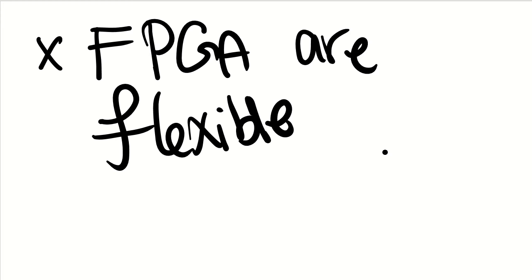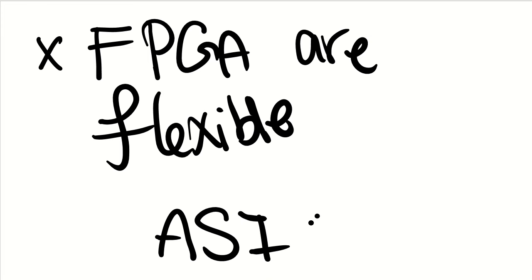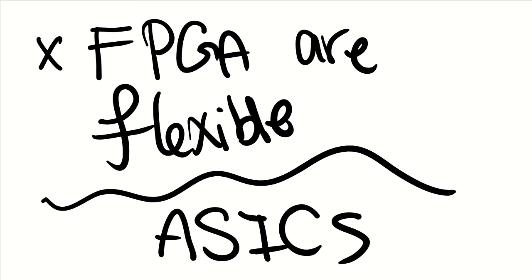It's very flexible. Whatever you code it with, it will do it for you. But microcontrollers are application specific integrated circuits, or ASICs. What does it mean? Application specific integrated circuits means that they are built to do a specific task, and that's it. They're not flexible. So that's one of the important differences between FPGA and microcontroller.